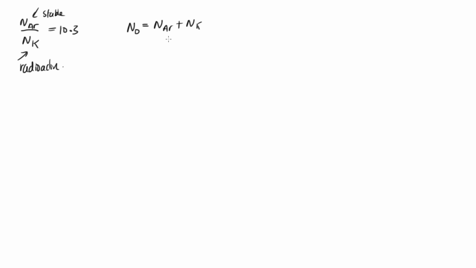And what we need to do is find out the age of the moon rock. So we're going to be using that the number of atoms is equal to the initial number of atoms times e to the minus lambda t, where lambda is the decay constant. And this is related to the half-life through lambda is equal to log 2 over the half-life.